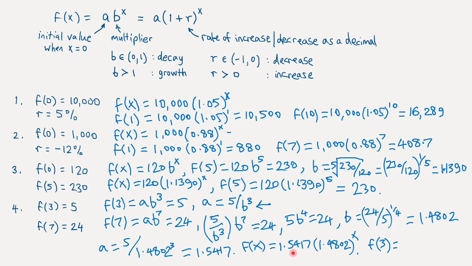So we'd have 1.5417 times 1.4802 to the power 3, and if we do that on the calculator we get 5, which is what we want because that was the information given at the beginning. So there's a few examples of exponential functions.